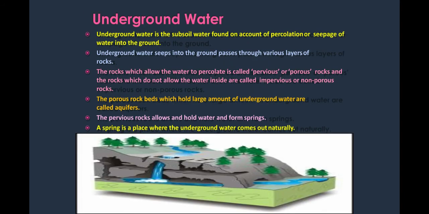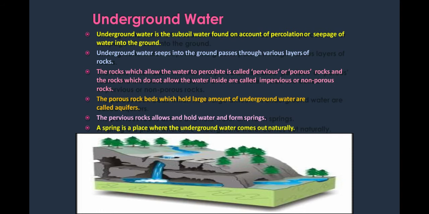Now another one, we have the underground water. What does underground water do? Underground water is the subsoil water found on account of percolation or seepage of water into the ground. Underground water seeps into the ground, passes through various layers of rocks. We have said that the crust is made of rocks and soil.